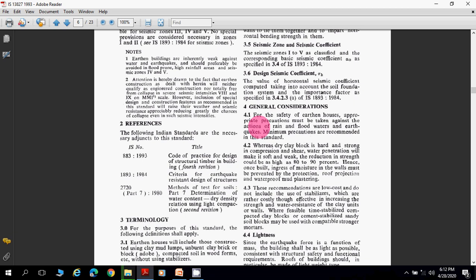These clay blocks are hard and strong enough in vertical shear or compression, but if water penetrates them, it makes them soft and weak, and their strength is reduced by 80 to 90%. So these earthen buildings should be protected against the ingress of moisture in the walls.